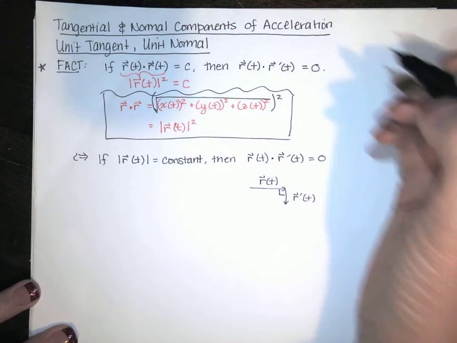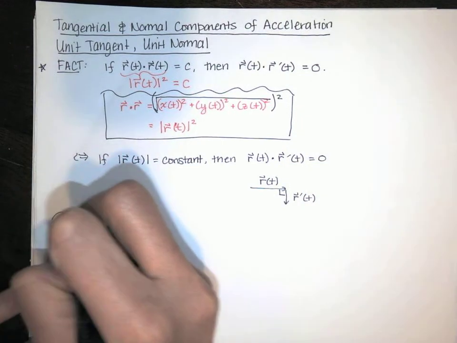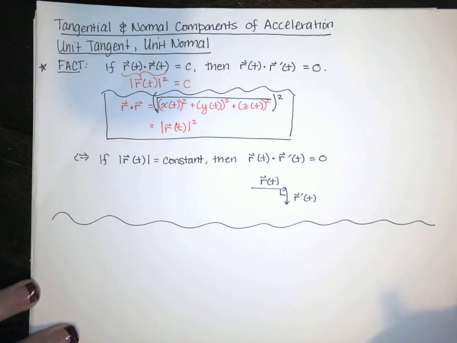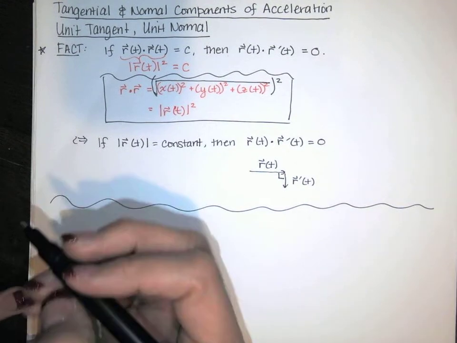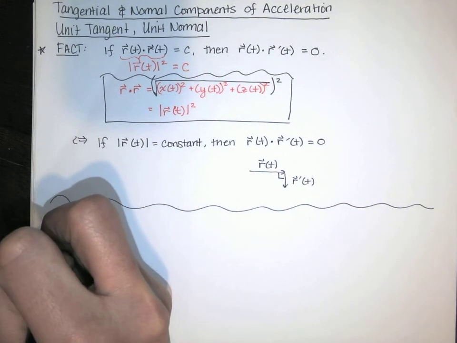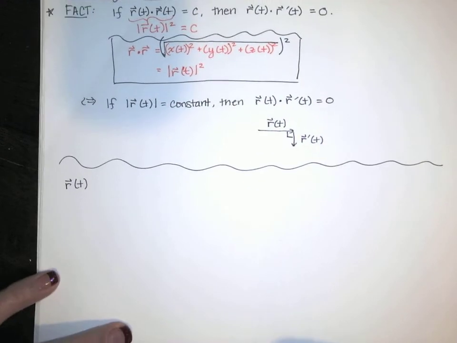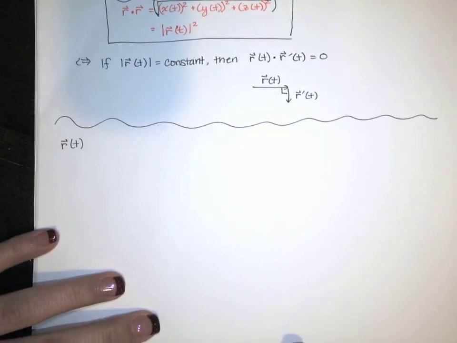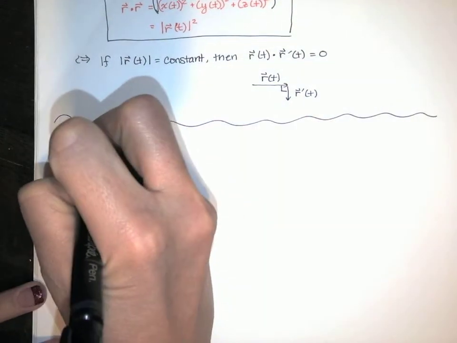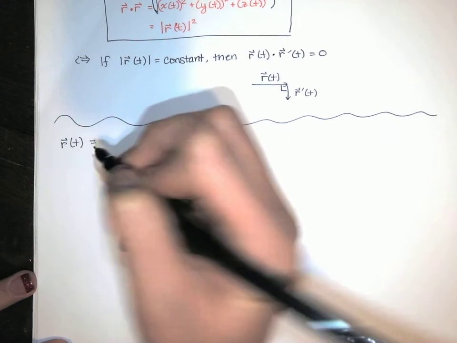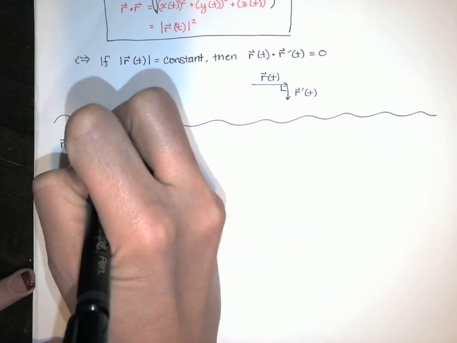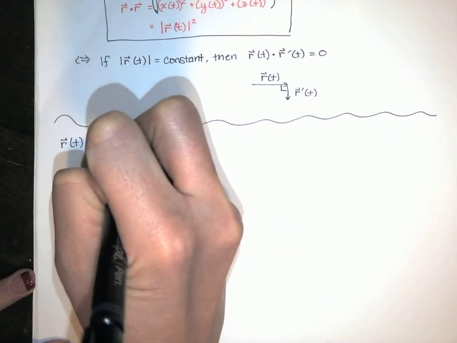So all this is important, and we want to keep it in mind as we think about what are called the unit tangent and unit normal vectors of our function. So let's say you've got r of t, a vector valued function, and maybe it lives in n-dimensional space. In our class we tend to stay in 2-dimensional or 3-dimensional space. I'm going to draw it in 3-dimensional space.